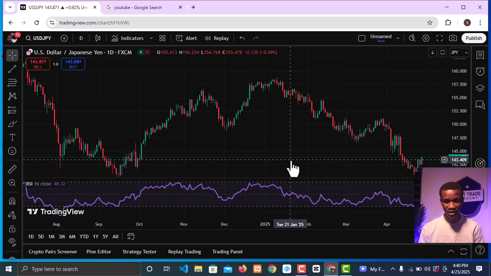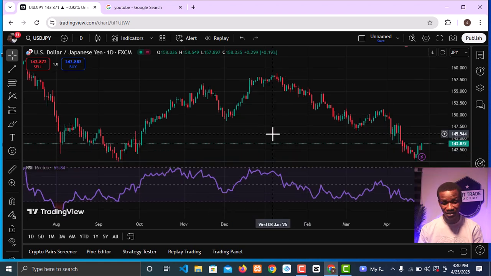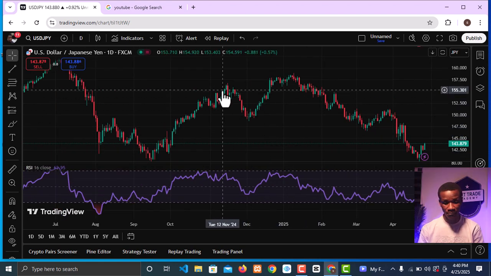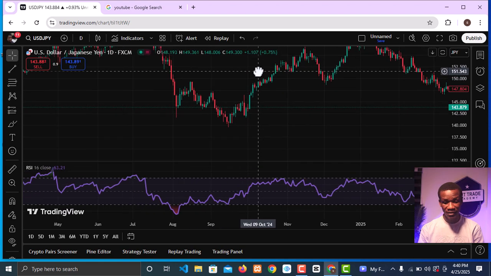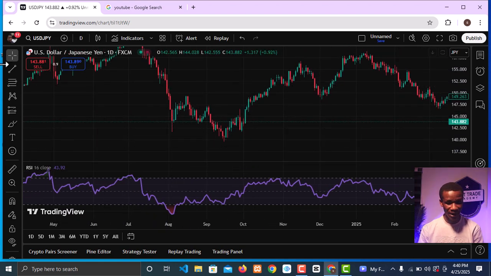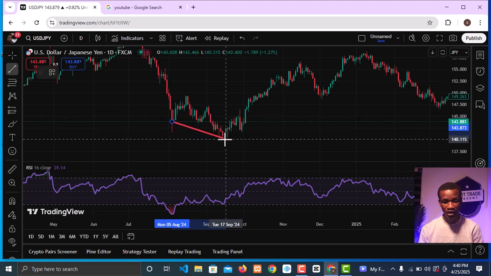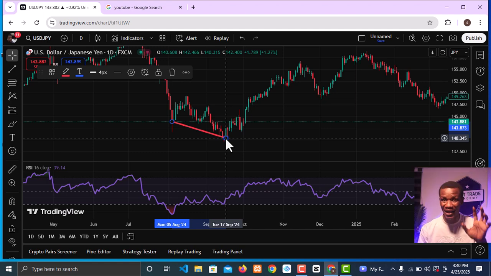So the first thing is you spot the divergence on your price action. For example, in this case, we have this divergence right here. The market is moving downward from this point to this area, which is very clear on price action.